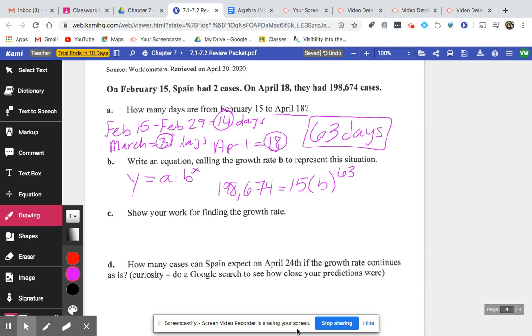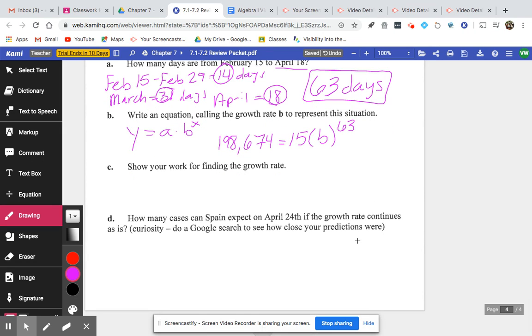Excuse me. Now see, I want to show my work for finding the growth rate. Here we go. First, we need to isolate that b to the 63, so I need to divide each side by 15. 198,674 divided by 15 is equal to 15 times b to the 63rd divided by 15.